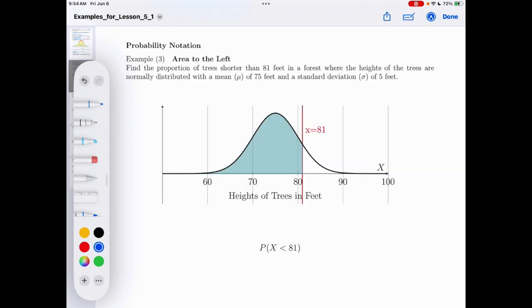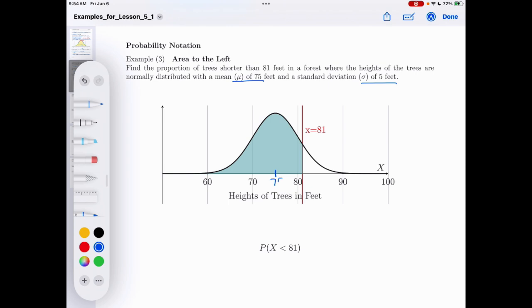Now let's take a look at the probability notation and how it relates to the graph. When we're looking at area to the left of a specific value, we're going to say that x is less than that value. So find the proportion of trees shorter than 81 feet in a forest where heights of the trees are normally distributed with the mean of 75 and a standard deviation of 5.